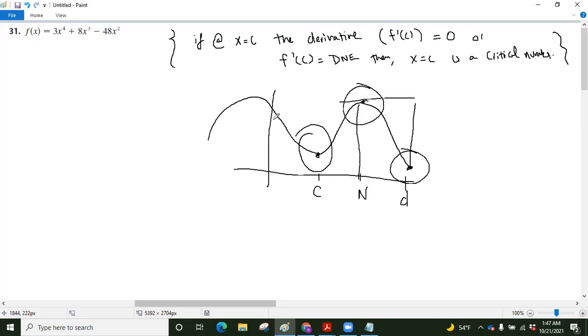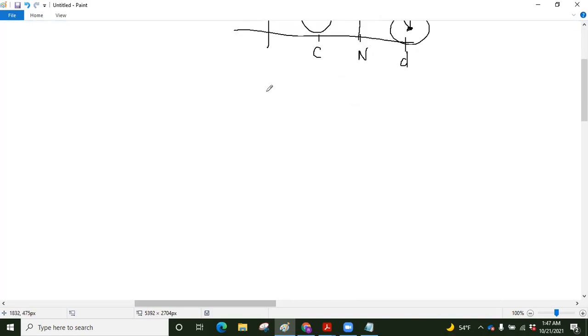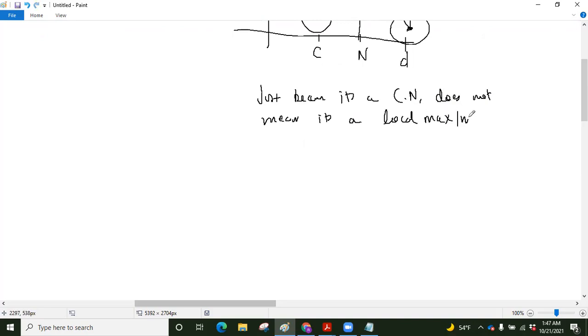Now, the whole idea is that not all critical numbers are essentially maximum or minimum values. Just because it's a critical number does not mean it's a local maximum or minimum value.